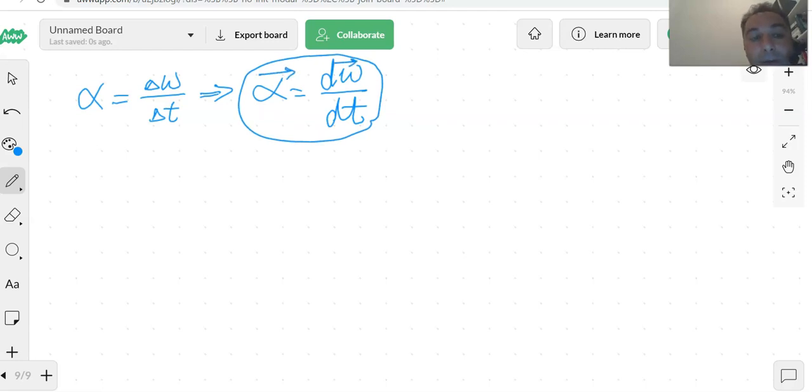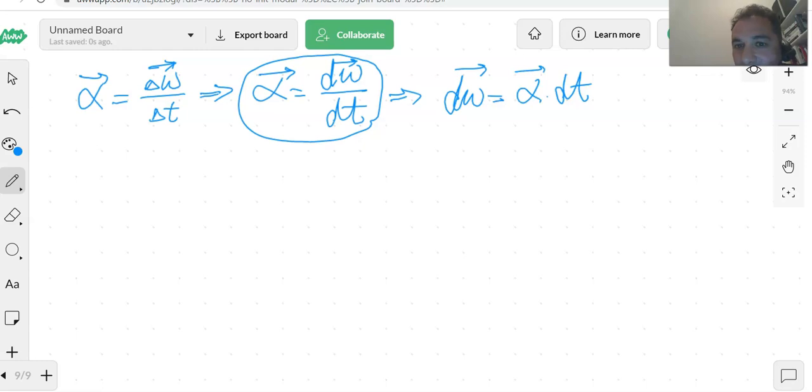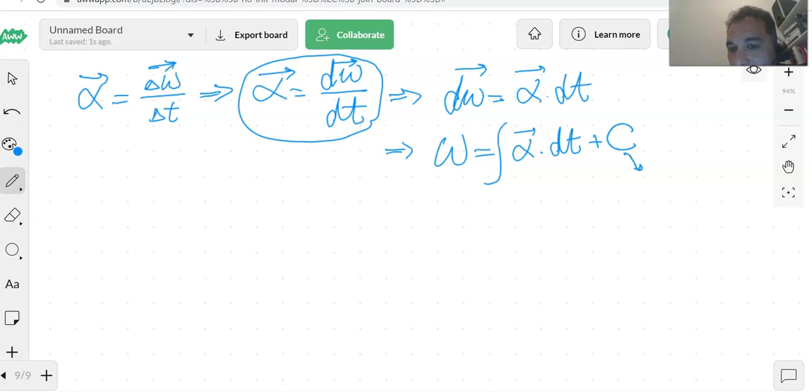Put the vector arrow on top, please. So here I can write d omega is alpha dt. Yes? Therefore, I can say omega is the integral of alpha dt plus a constant, which is usually the initial angular velocity.